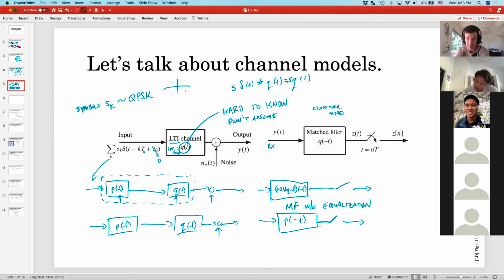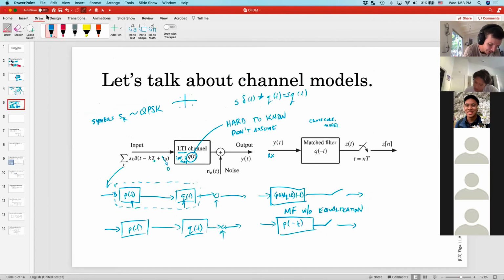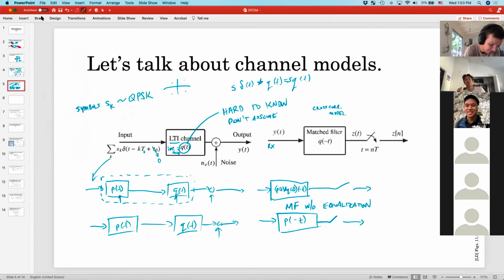This process of equalization is most easily communicated in discrete time. And I want you to want that because of this diagram. If you abstract as much as possible, there are symbols coming in here. We're treating them as symbols times deltas, but they're really just discrete things.